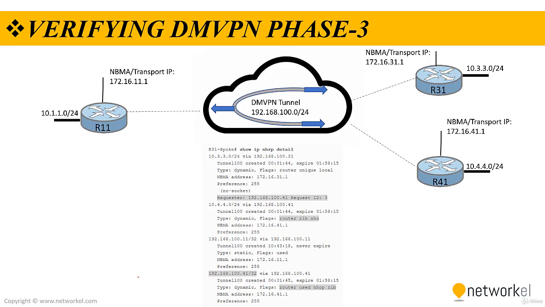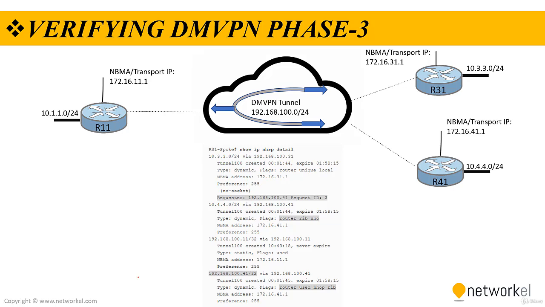So we can also check the NHRP cache again, and the output on the screen displays the NHRP cache. Notice that the NHRP mappings are router, rib, nho, and nhop, which is the next hop. The flag rib nho indicates that the router has found an identical route in the routing table that belongs to a different protocol.